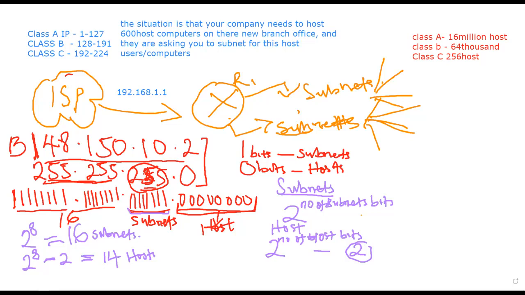We could decide to change our subnet. Let us take away this old subnet and do some manipulation here.